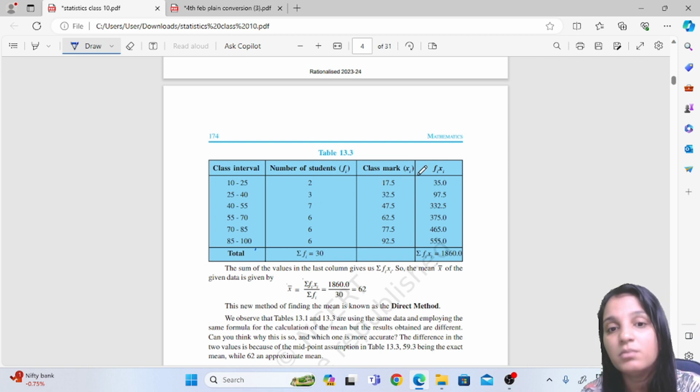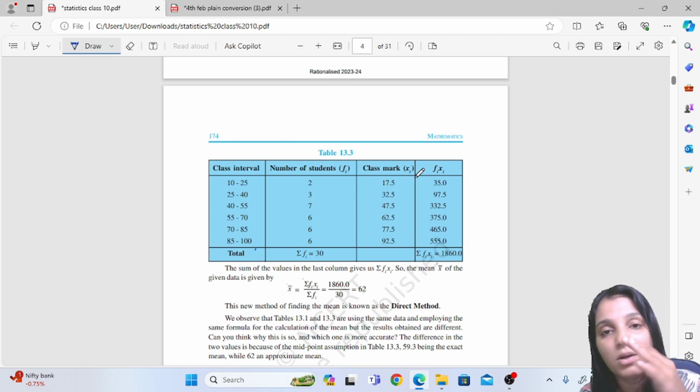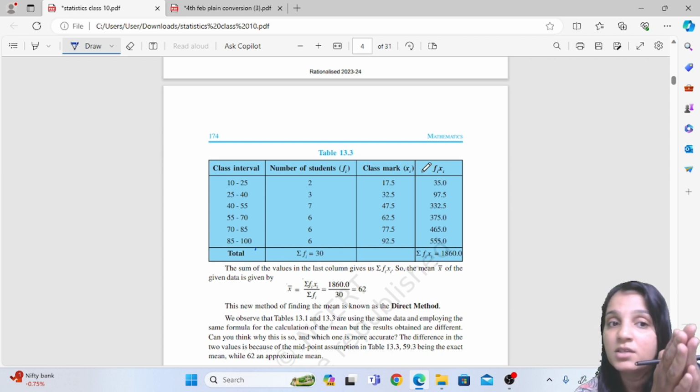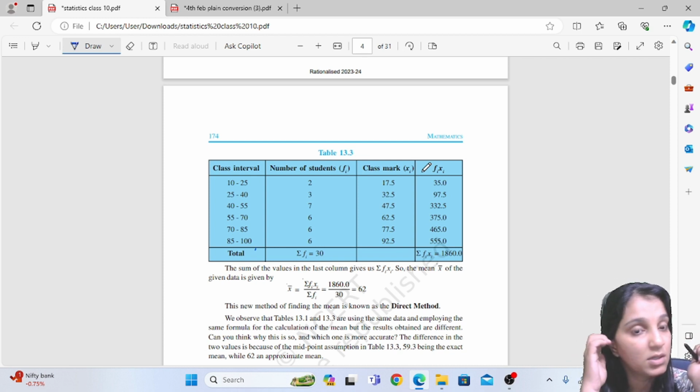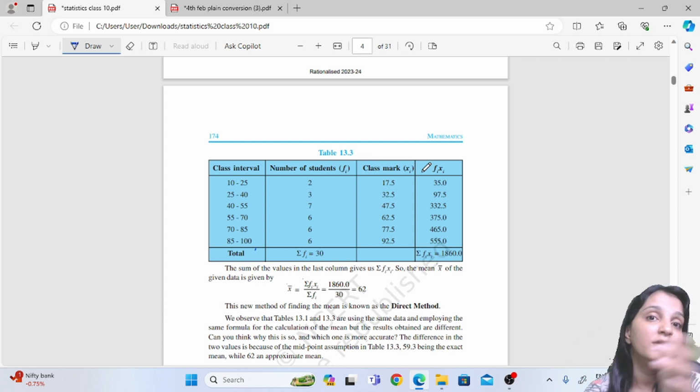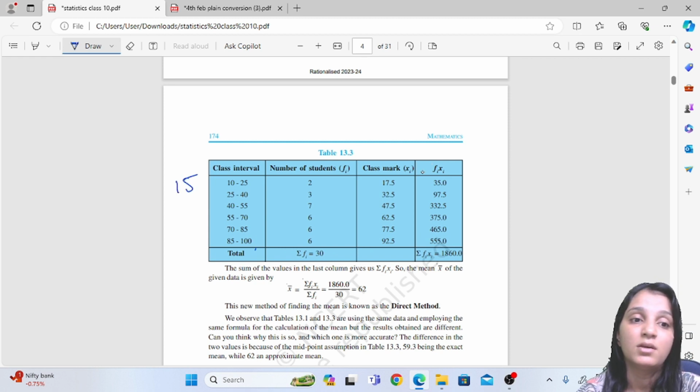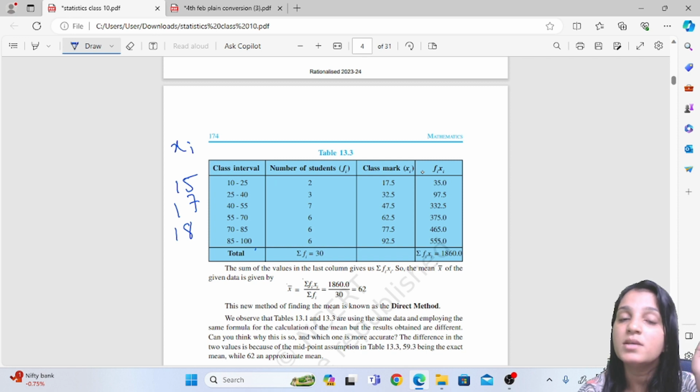In the third column your class mark will come, and fourth column fi xi. Now what is class mark? Okay. Class mark is xi. Now what is the difference between there and here? First you had students who scored 15 marks, 17 marks, 18 marks, so that time you are naming this as xi, but here there are no 15, 17, 18 marks.